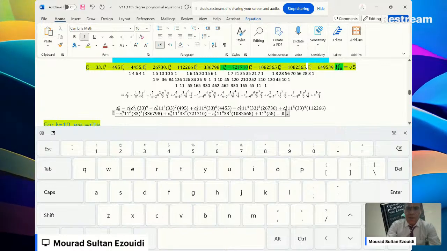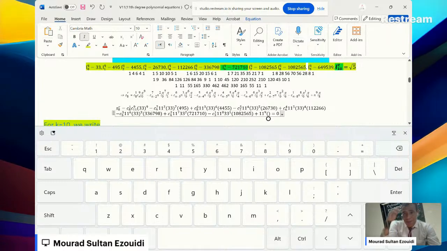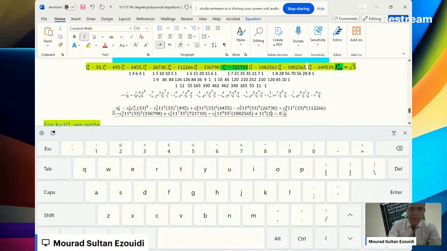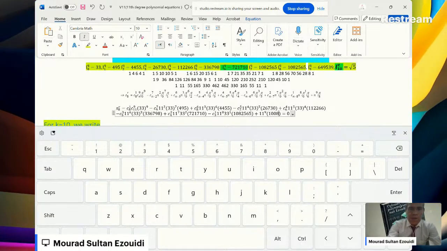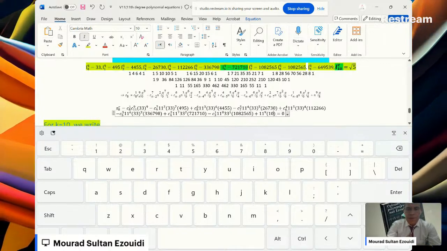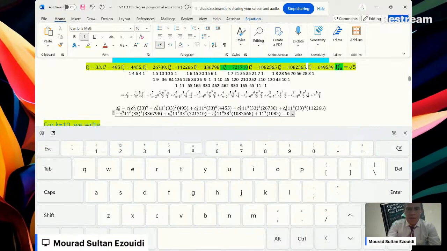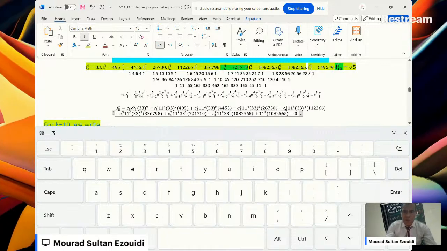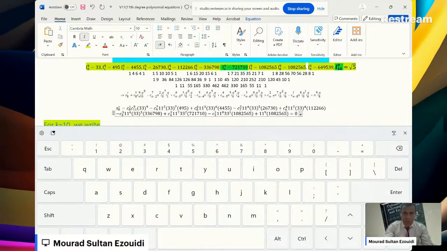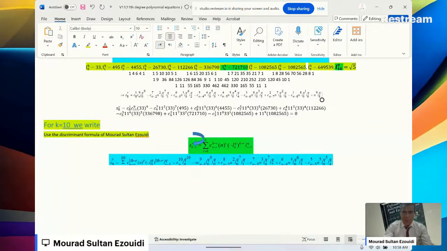And the last one, 11 raised to the power 9 times n 8. And 8 is 1,000,000. This is 1,082,000 and 82,000 and 565. So this one, my kids, is going to be equal to n.